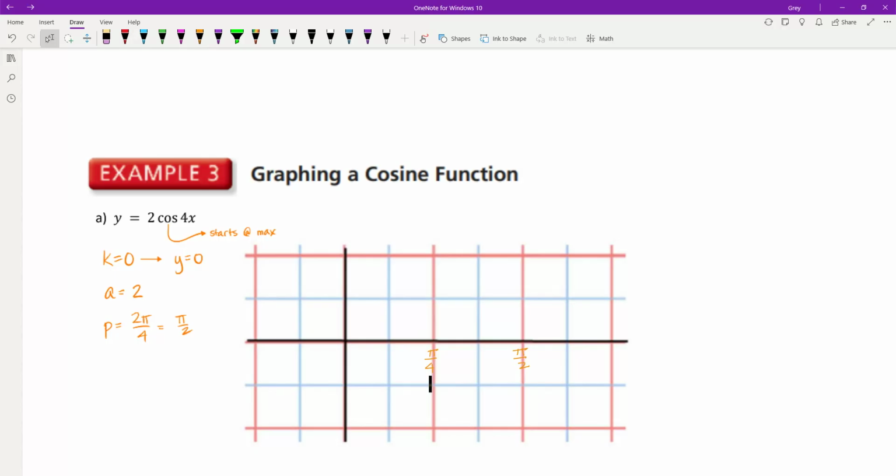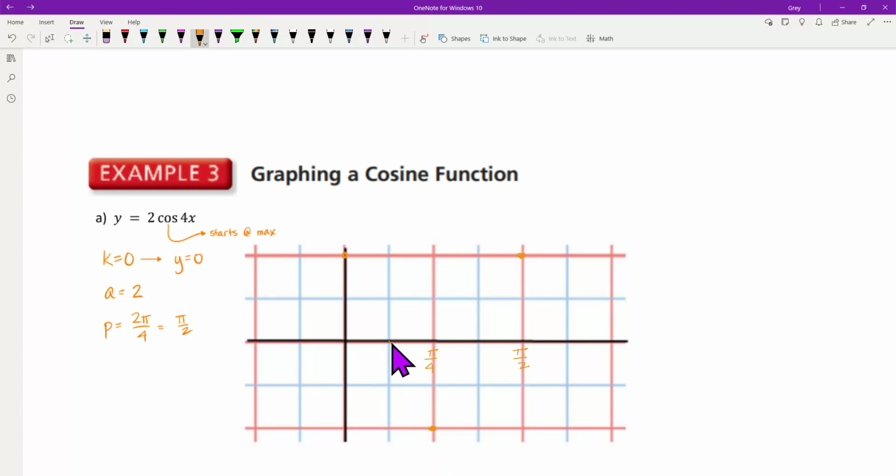And now I am graphing a cosine function, so it starts at a max. That means on this point right here, it doesn't start at my midline. It starts at a max. And we're going to go up 2, so this is the starting point. It ends at the same place it starts. And the cosine halfway between it is at a min.